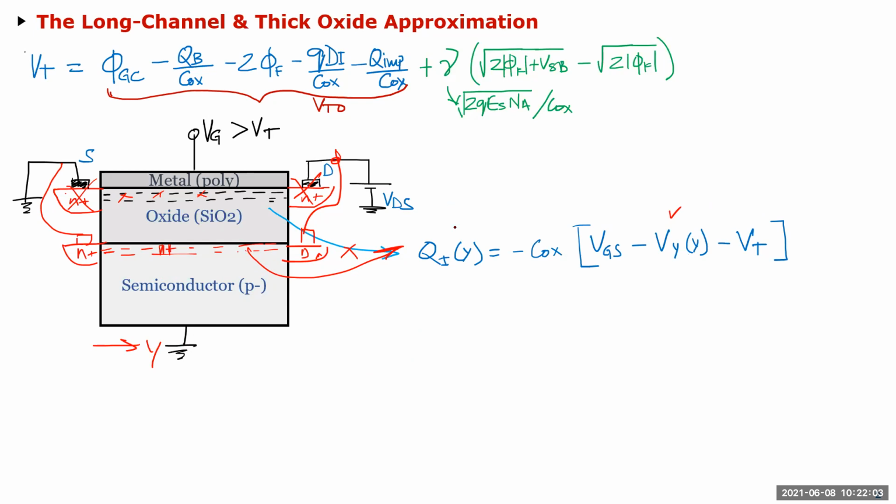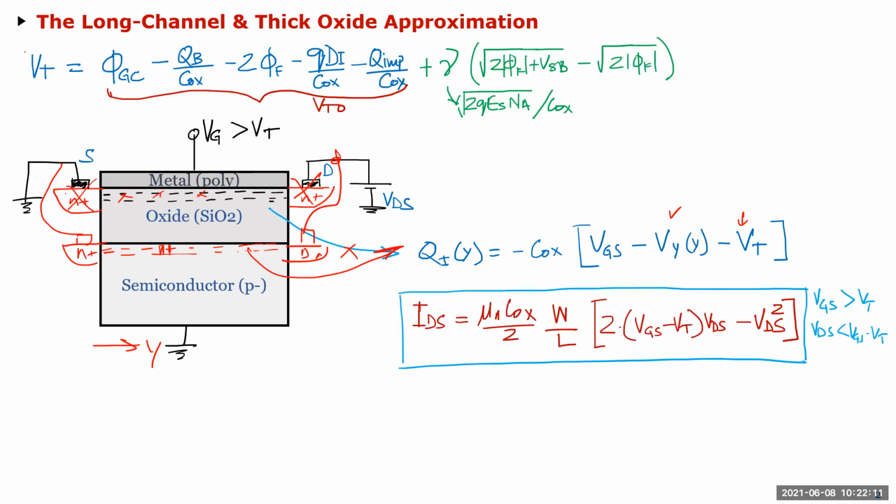And this is what we called the gradual channel approximation, because we assume that the VT is not changing as we are going along, but that's not true. But that's your first order equation.